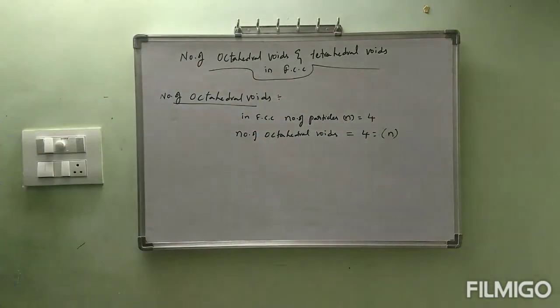One minute more. Observe the formula. Number of octahedral voids equal to n.